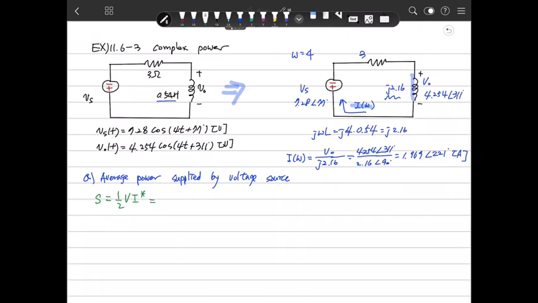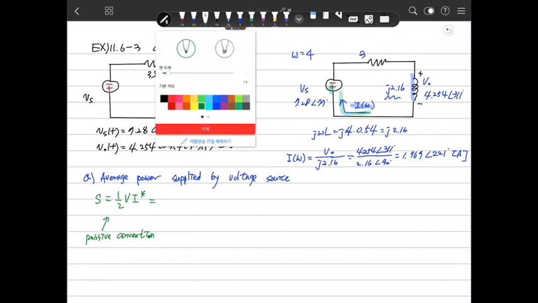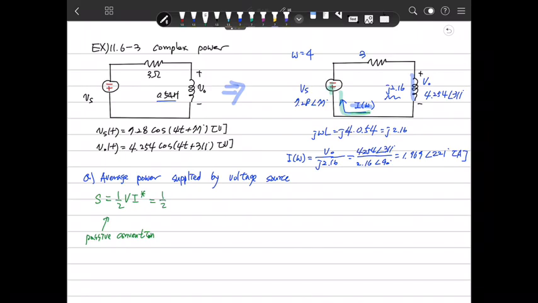Because the direction of the current is going into the positive polarity, this is a passive convention. Why? Because the direction of the current is determined in this way. So anyway, that will be half.